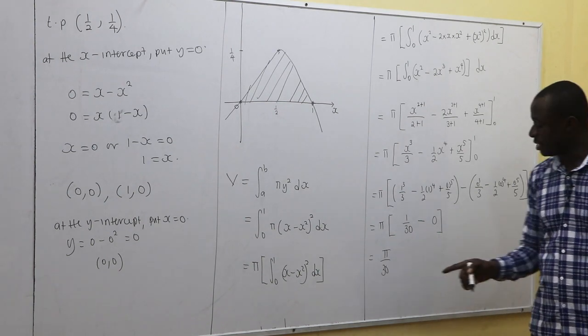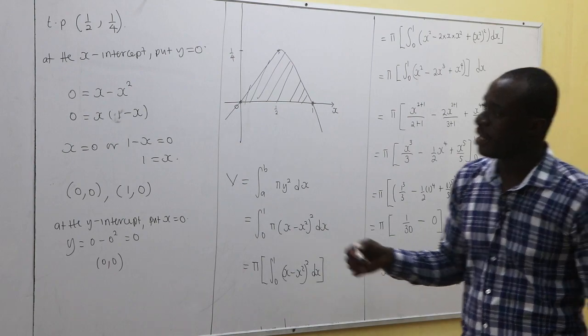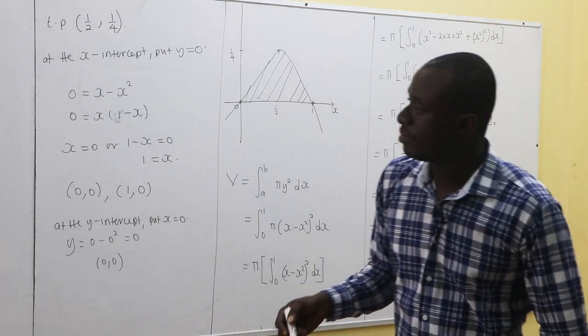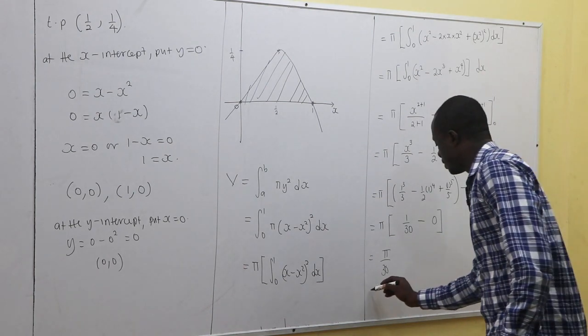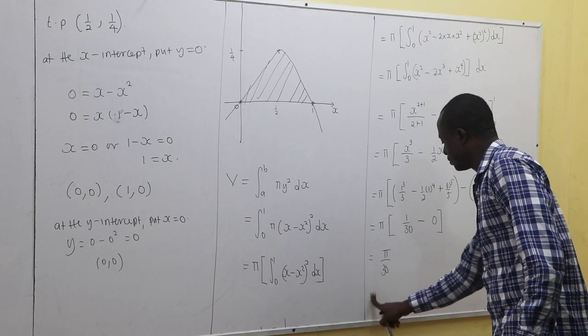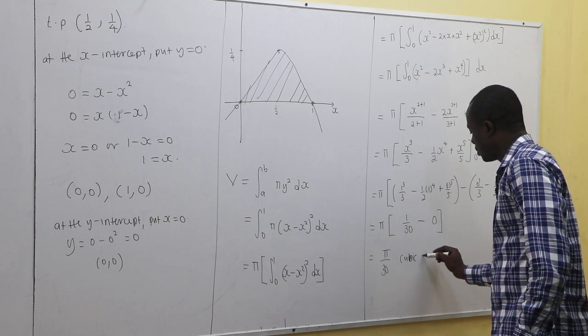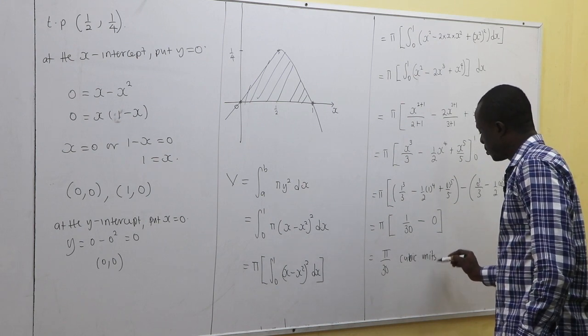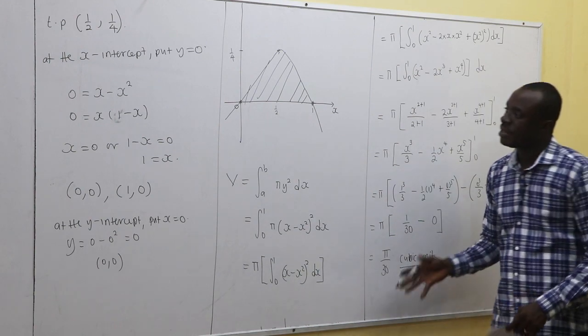And the volume is in cubic units, because we are told the answer should be in terms of pi. So it is pi over 30 cubic units. That's very, very easy.